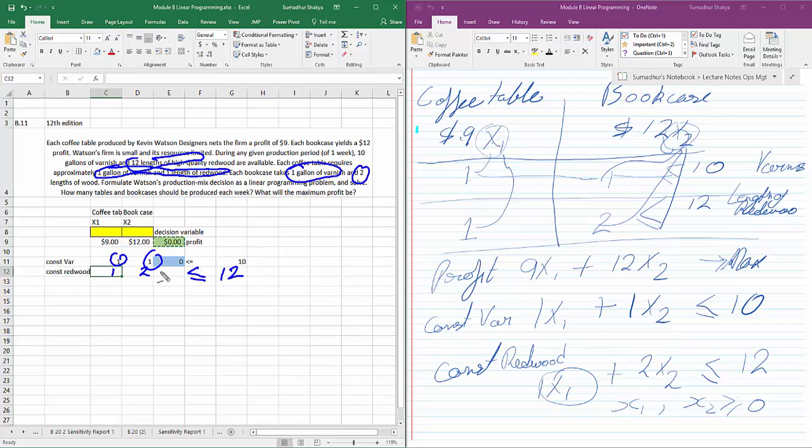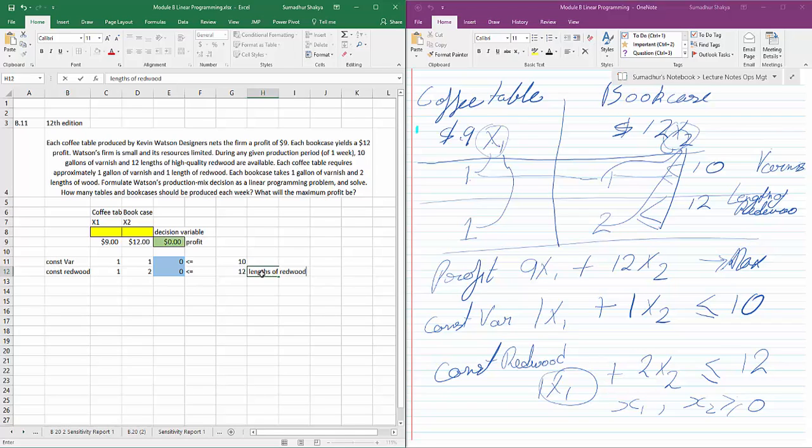So we're going to put 1 here, 2 here, and then the same sign as the one above, because it has to stay less than the given constraint of 12. Now this is in lengths of redwood, and this is in gallons, the constraints.